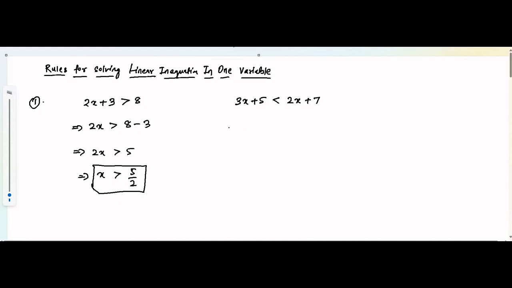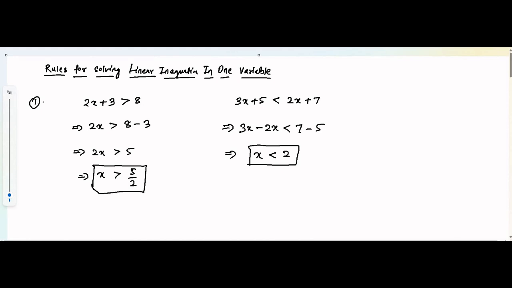So let's see how it happens. 3x minus 2x is lesser than 7 minus 5. That implies x is lesser than 2. This is the solution of the given inequation.